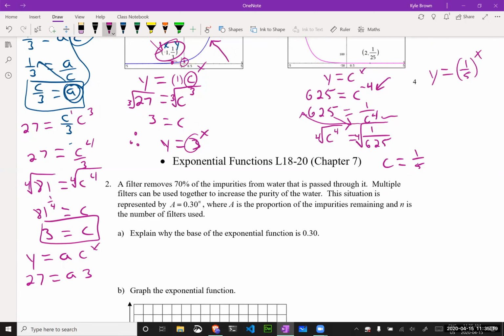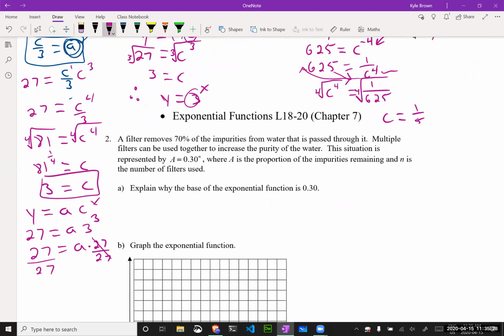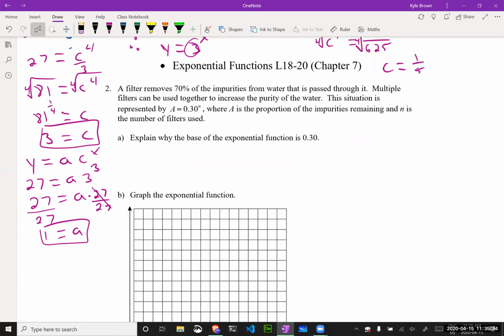Cleaning this up, we get 27 is equal to A times 27. And this is looking good. We were expecting 1, right? We're going to divide both sides by 27. So 27 divided by 27 is in fact 1. So our equation, in the end here, is y is equal to 1 times 3 to the power of x.